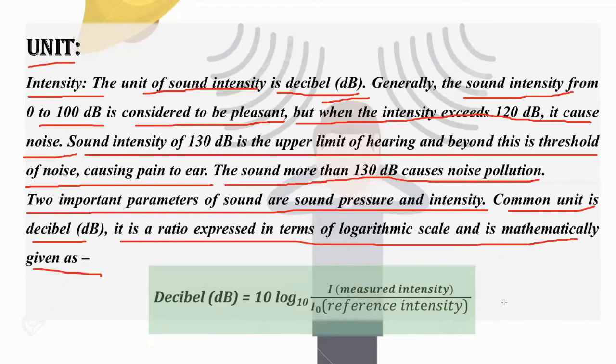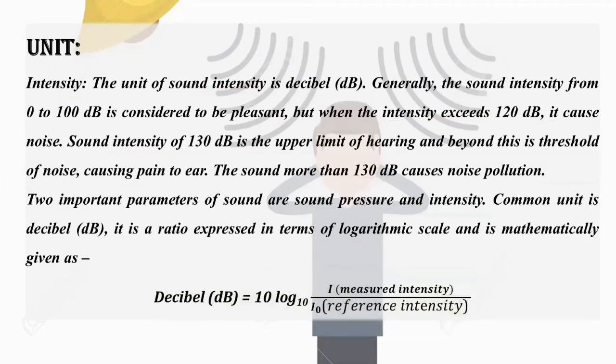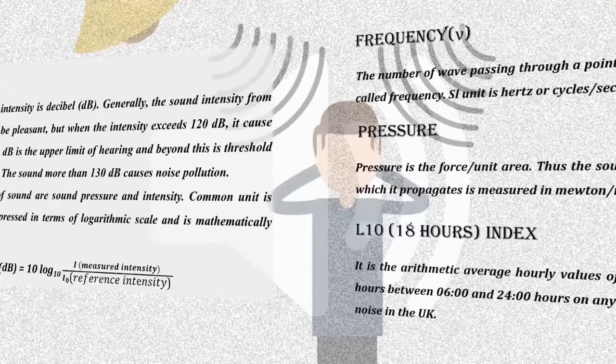It is written that decibel, that is dB, is equal to 10 log base 10 of I by I0. Always remember this formula. This is not that difficult; it is quite easy to remember. So decibel is equal to 10 log10 (I/I0), where I is the measured intensity and I0 is the reference intensity. This is the formula that we'll use to solve numericals.